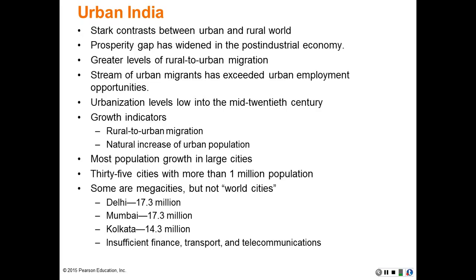And these include Delhi with 17.3 million, Mumbai with 17.3 million, and Kolkata with 14.3 million. However, there's insufficient finance, insufficient transportation, and telecommunications to rate these cities as truly world-class places.